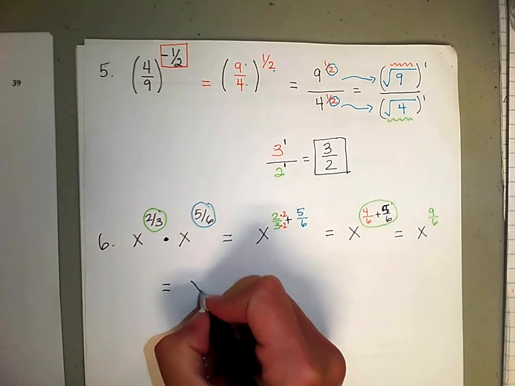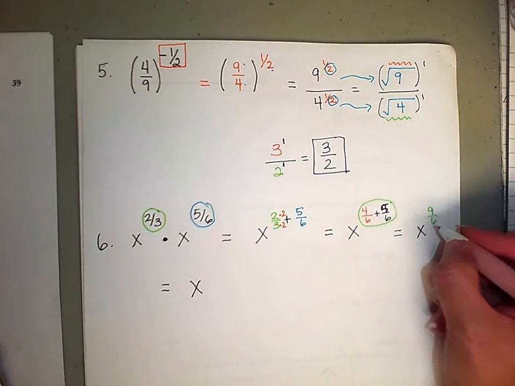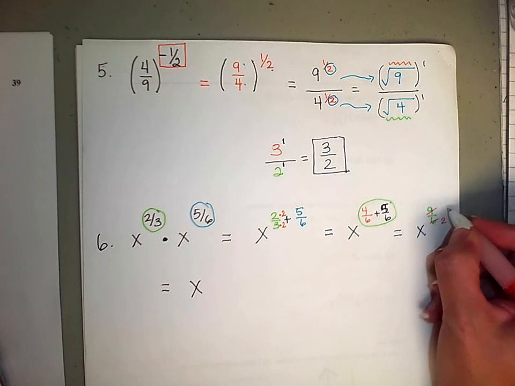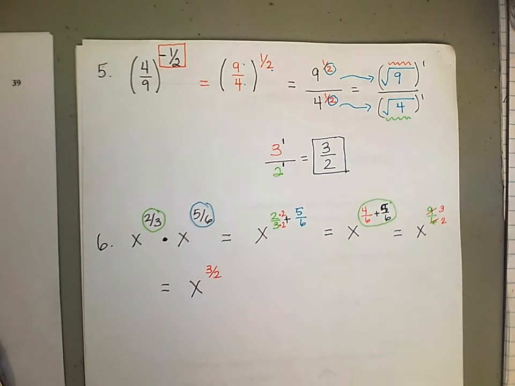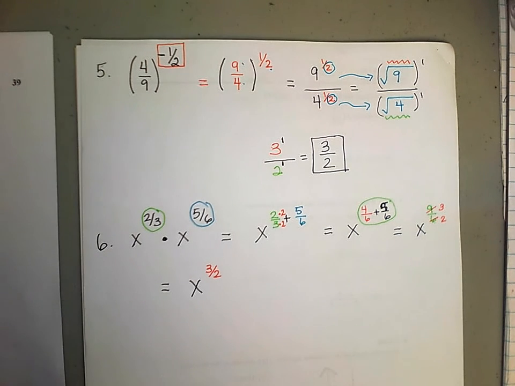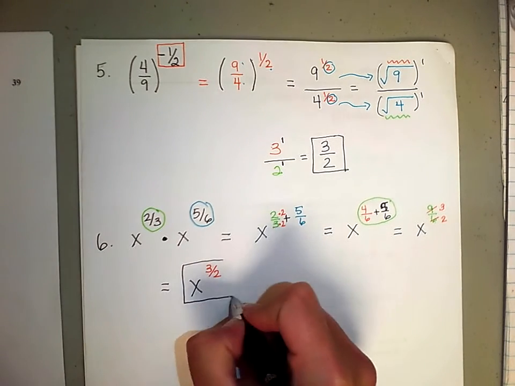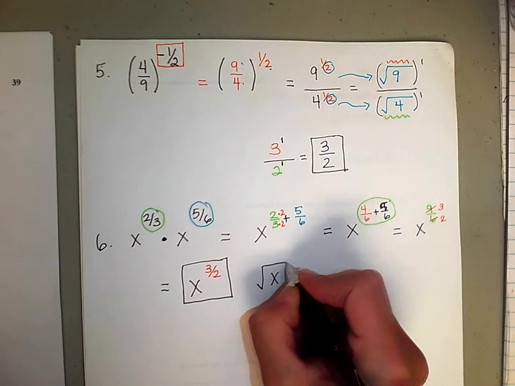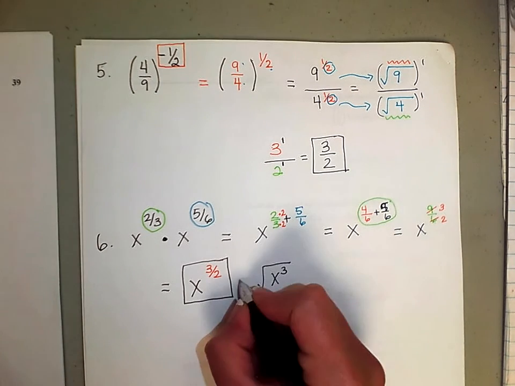However, 9/6 is not a simplified fraction. We can simplify that. 3 goes into 6 2 times, and 3 goes into 9 3 times. So this is the same thing as x to the 3/2 power, which we could write as x cubed square root.